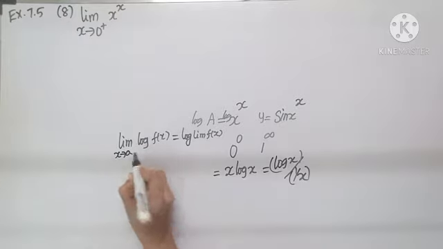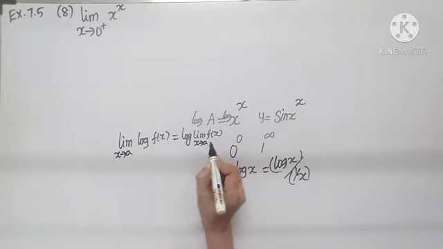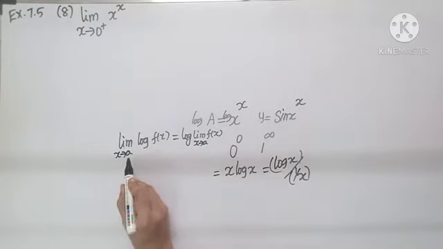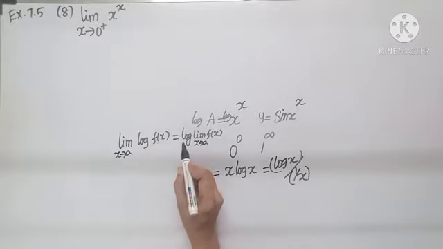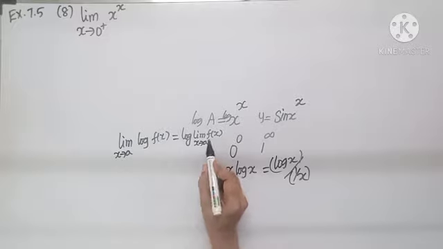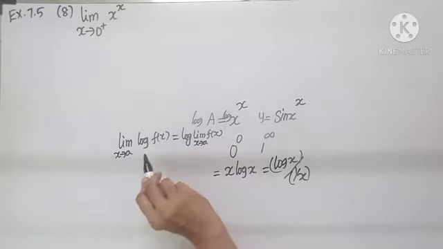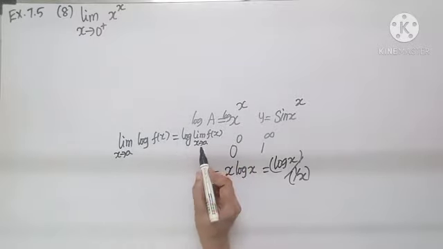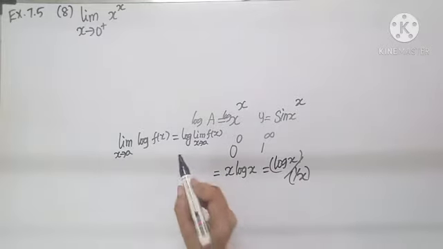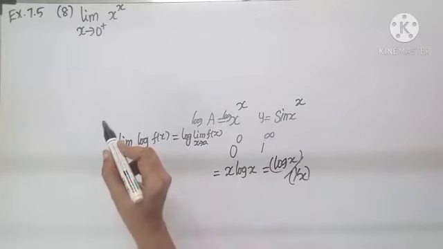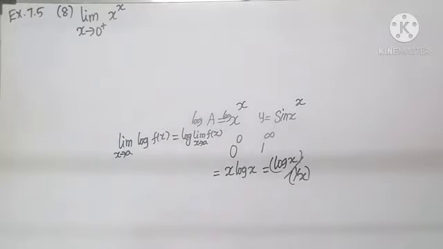Limit x tends to a of log of f of x is nothing but log of limit x tends to a of f of x. Limit and log we can interchange. This we call the composite function rule, and using this idea today we are going to do the problems.